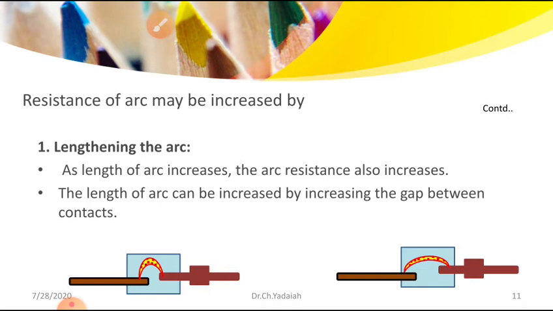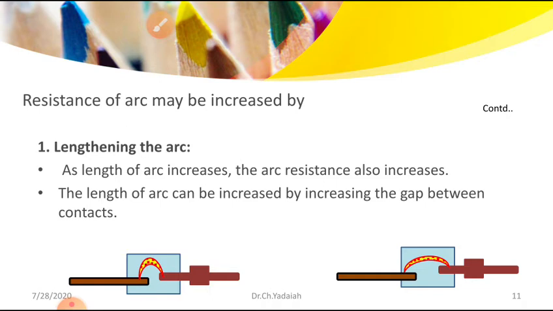If the length between the two electrodes is more, then the arc may be lengthened more. That can be done by withdrawing the moving contact very far. Once it is lengthened, it automatically becomes a weak arc that may be quenched at any time. That is the one thing.